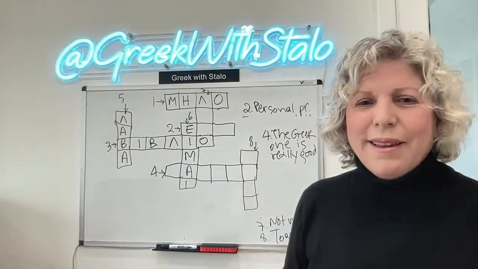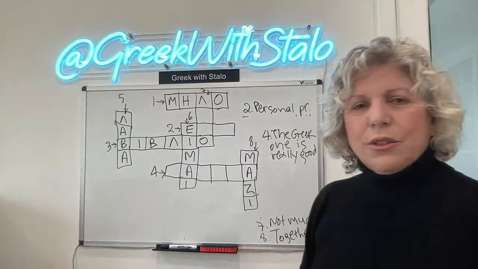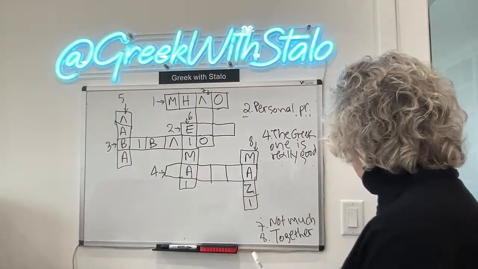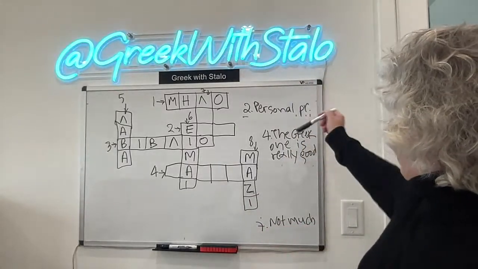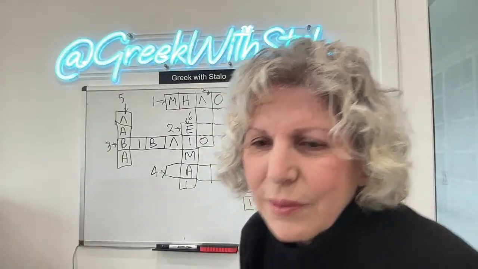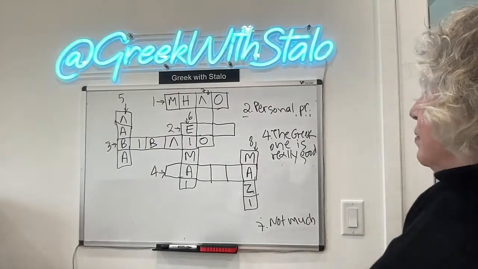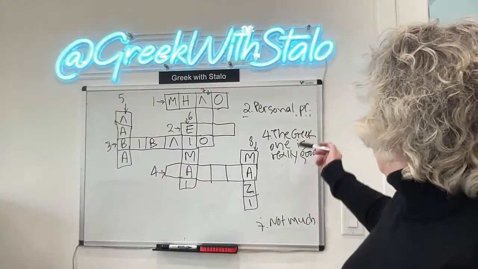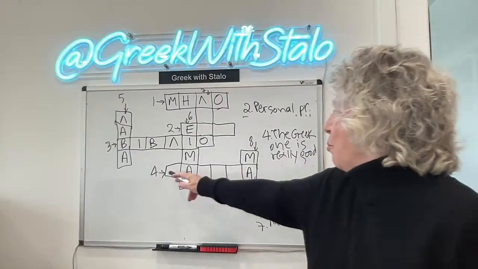Okay, so Diri says number 8, mazi. That's correct. Yeah. It means together. Okay, we are left with only 3. Well, think of this. Number 4 should be easy. It says the Greek one is really good. Number 4.